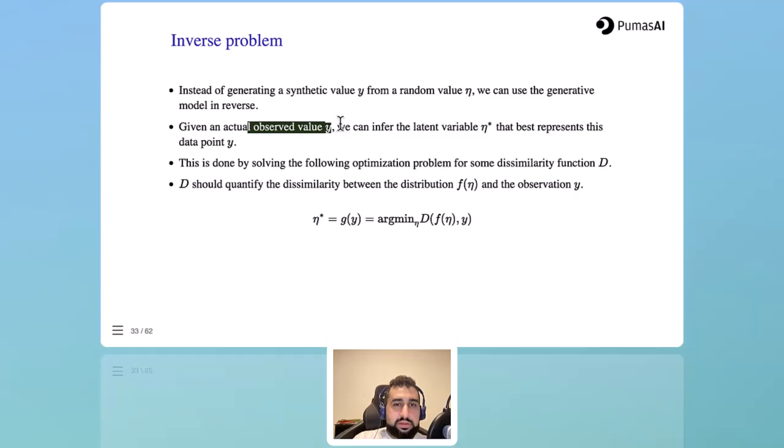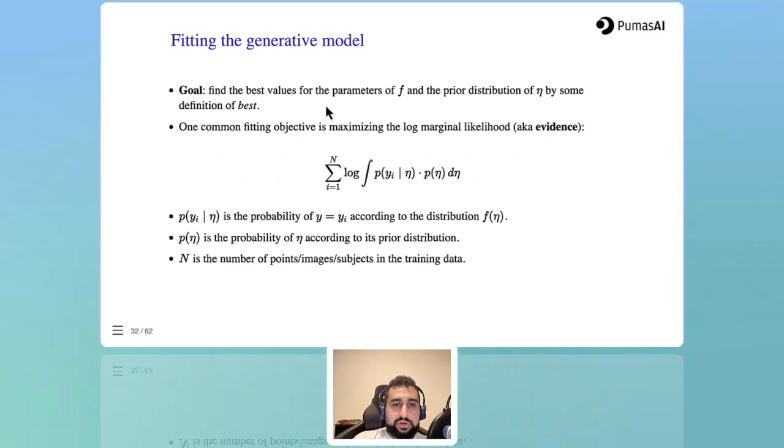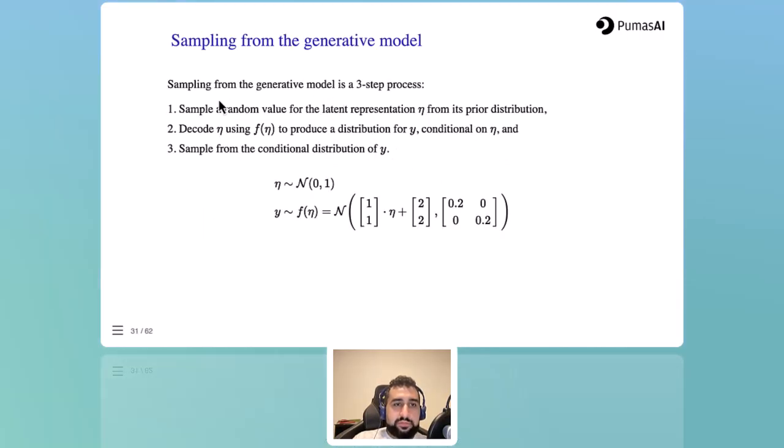And the idea here is that we would like to infer or figure out, essentially, which latent variable value, which value of eta, which I'm going to denote by eta star, best represents this data point y. So intuitively, when we're generating data, for every value of eta, I am getting some distribution for y, and then I'm sampling y.